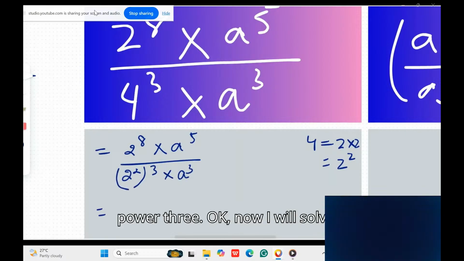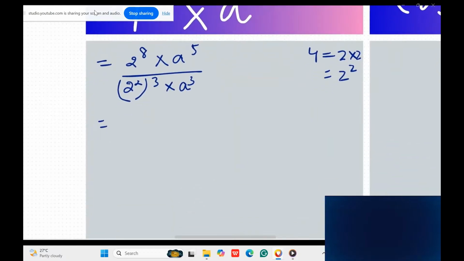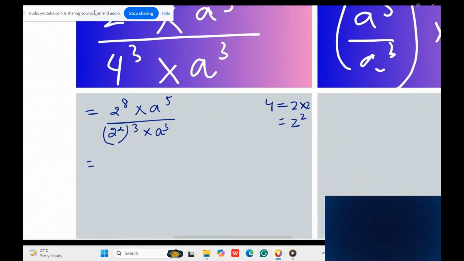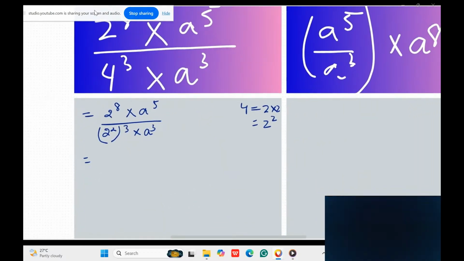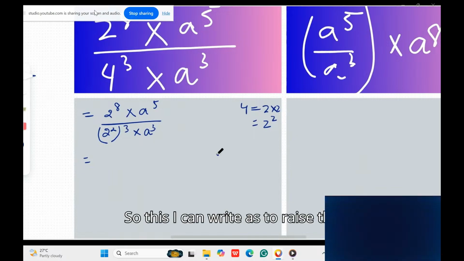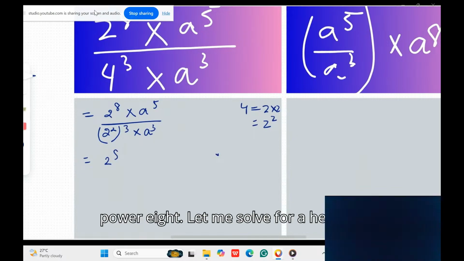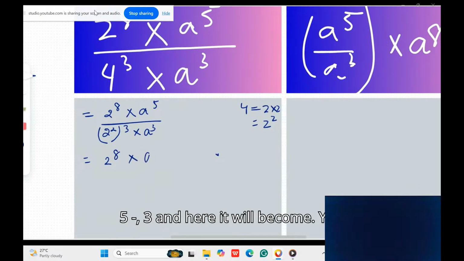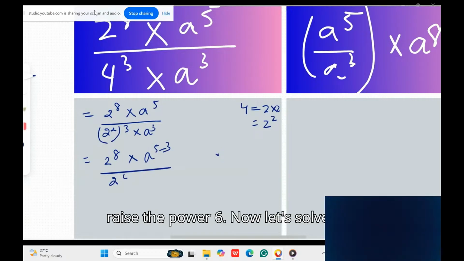Okay, now I will solve it further. So this I can write as 2 raised to the power 8. Let me solve for a here. So 5 minus 3, and here it will become 2 raised to the power 6.